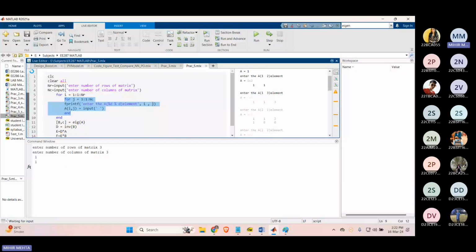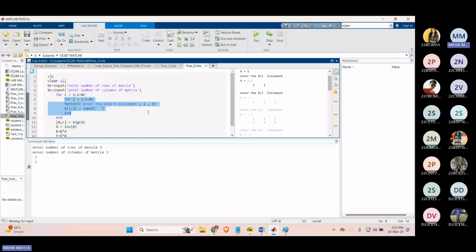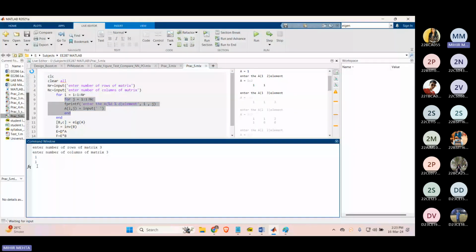So it asked me enter the value A13 of this particular element. Now again, if we look at our matrix which is given to us in the question, at 1 3 the value is 3. Okay, so we'll simply substitute the value here as 3. So now you can see that for A, the matrix A, my first row 1 into 3, that is 1, 1, 3.